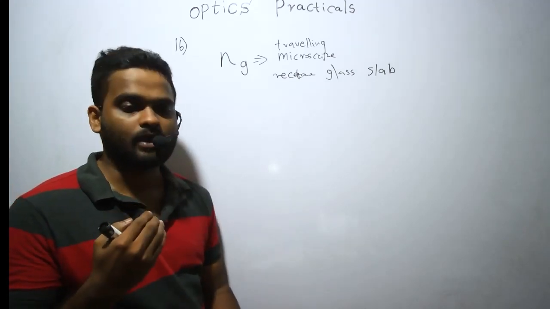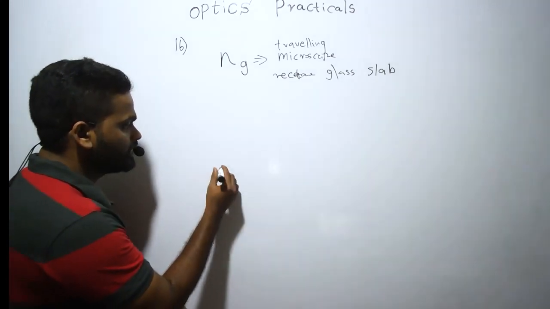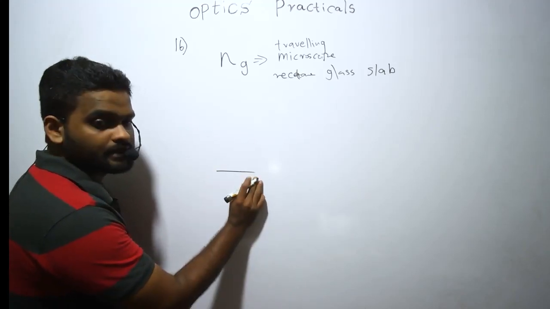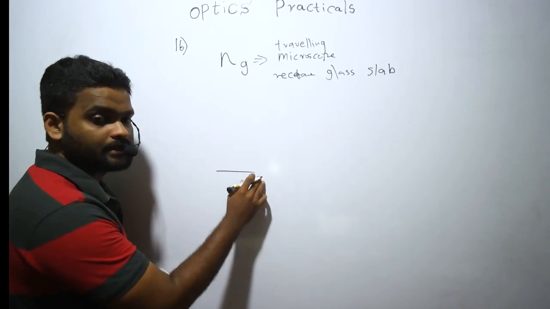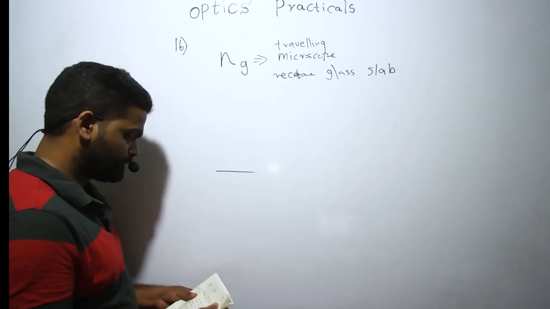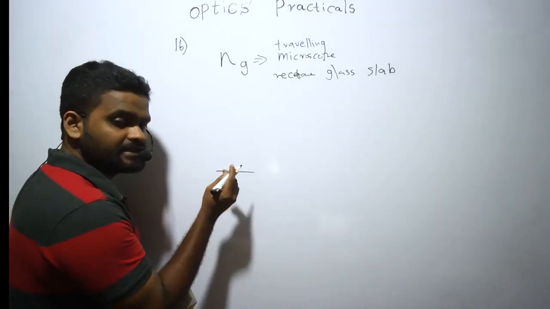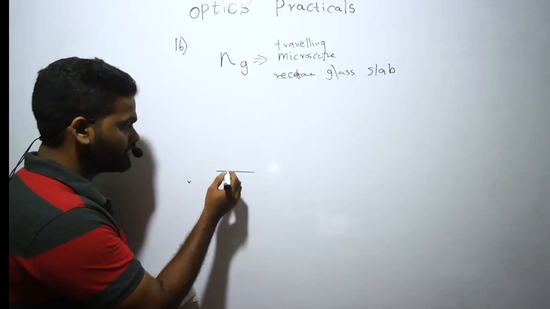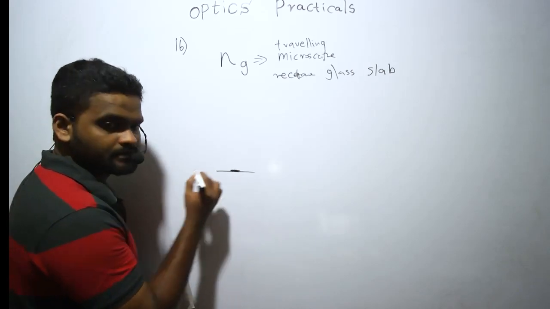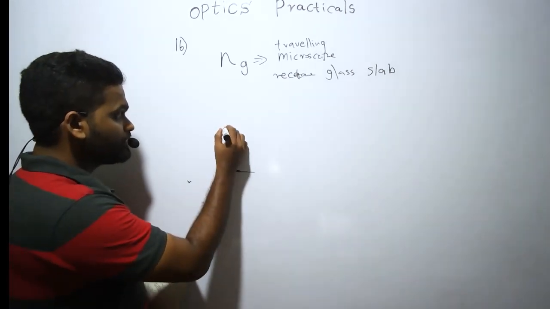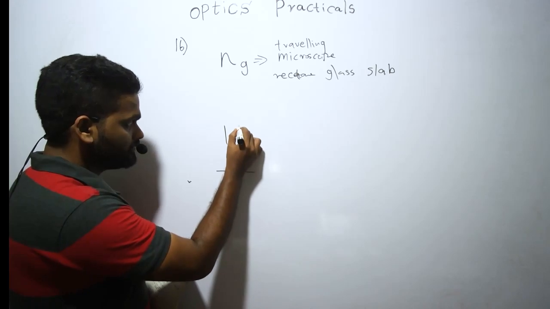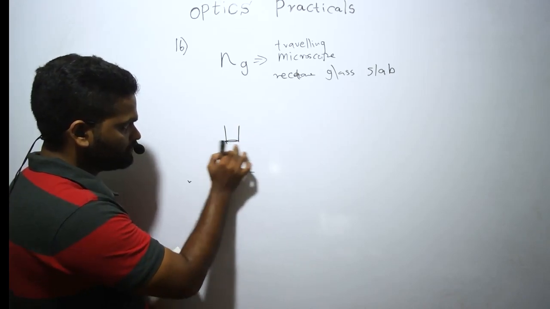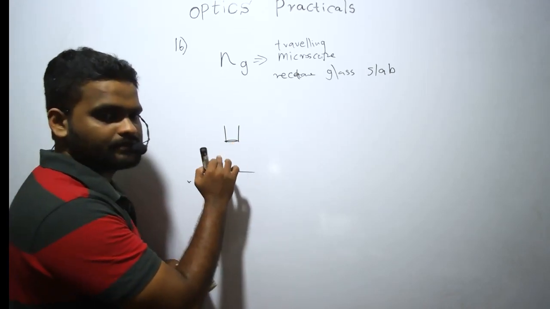Then the first thing you have to do is, this is the base of the traveling microscope, right? You can take a piece of paper, put a mark there, and place it on the base. Then you can focus the traveling microscope. I'm just drawing a part of that, right?